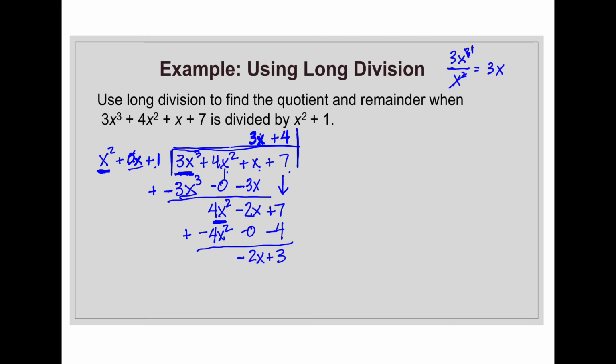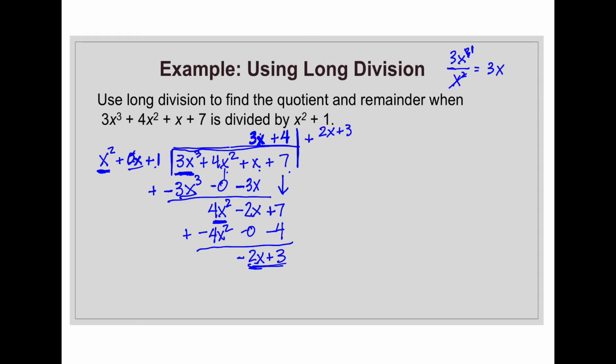In fact, I can't take x squared and get any sort of whole number solution without using fractions, to get negative 2x. So this part is my remainder. And so as a result, I'm going to write this as plus that negative 2x plus 3.